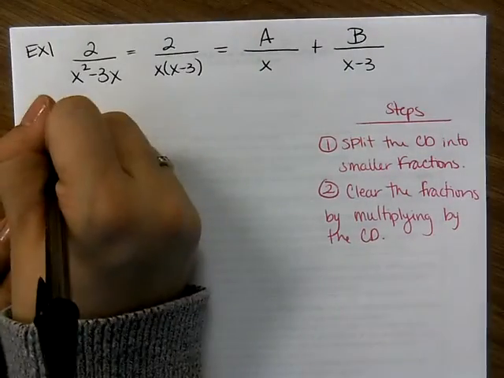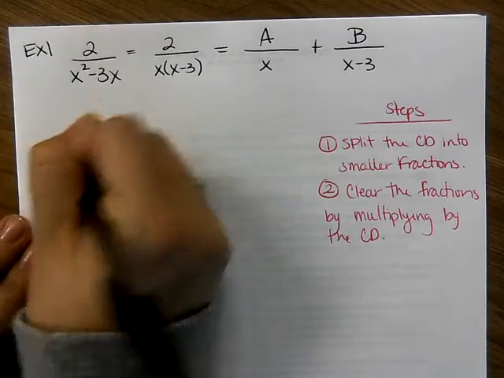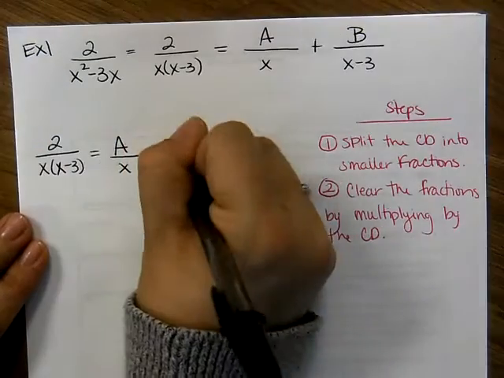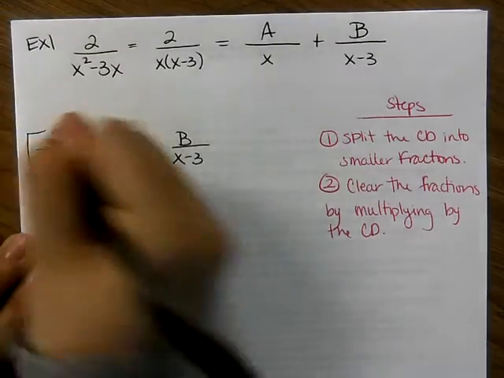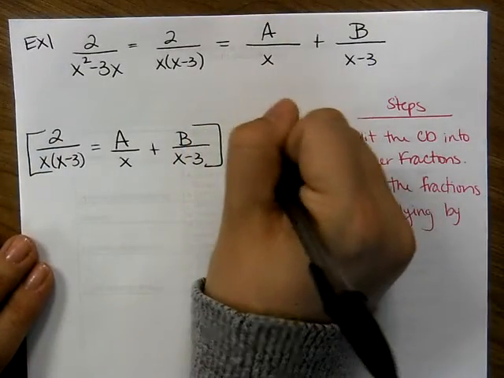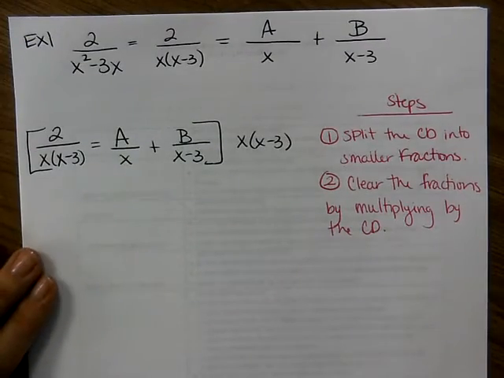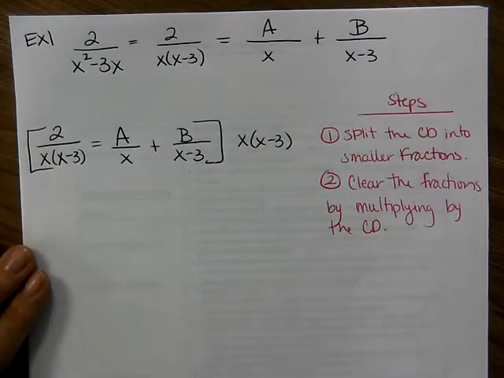So now what we're going to do is take this piece, 2 over x times x minus 3, which is equal to a over x plus b over x minus 3, and I want to clear the fractions. So to do that, I just multiply everything by this x times x minus 3. Each piece gets multiplied by that term.